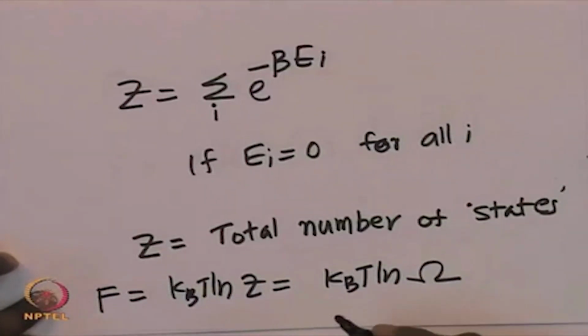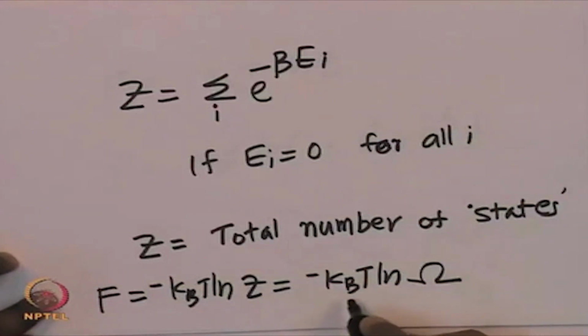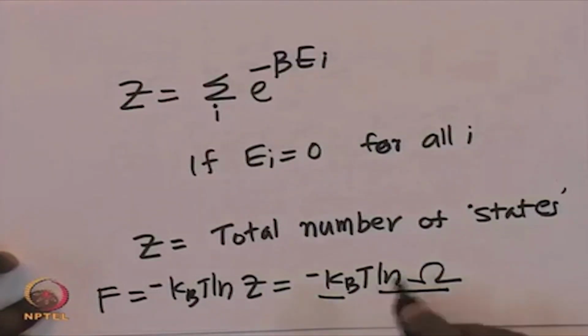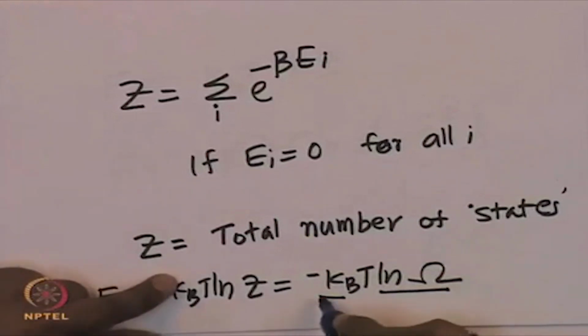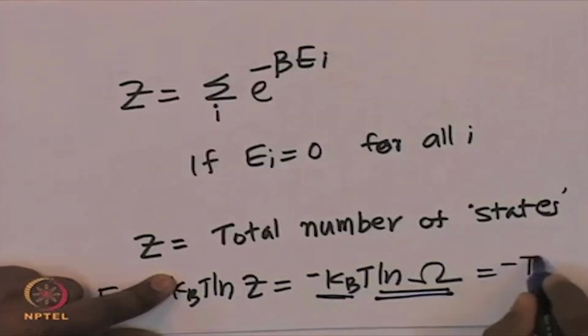Okay, so that tells us that there has to be a minus. Actually there is a minus sign, minus kBT log Z. So, this will become kBT times minus log omega, and we know that kB log omega is nothing but entropy. So, this is basically T times entropy, so this will become minus TS.